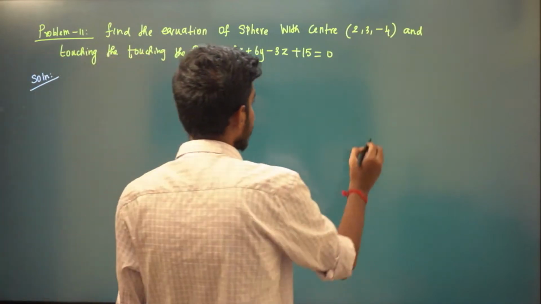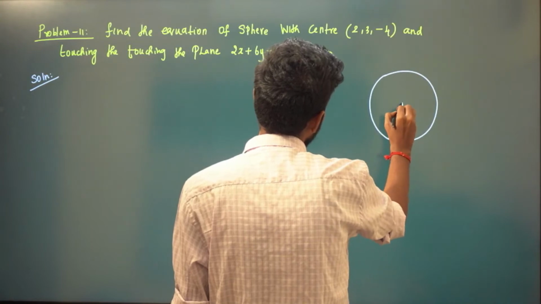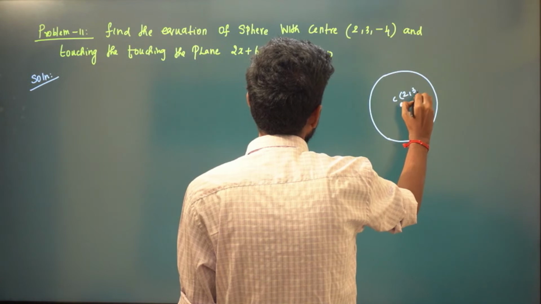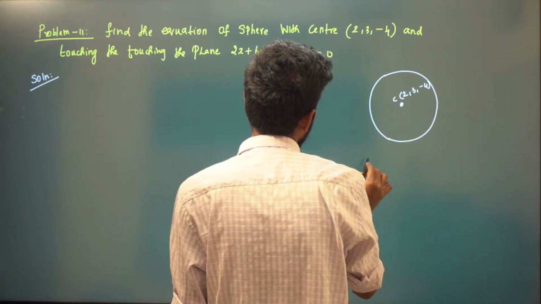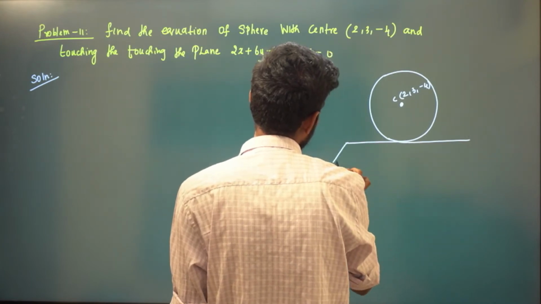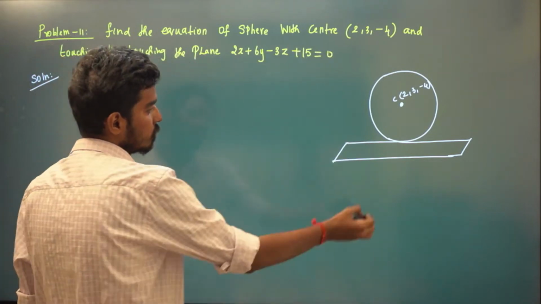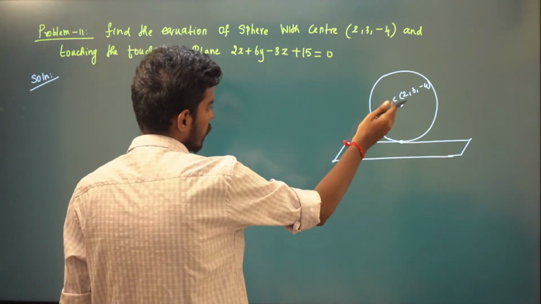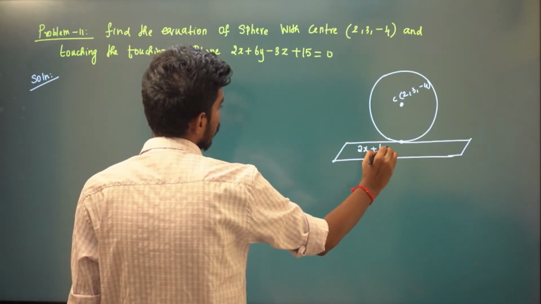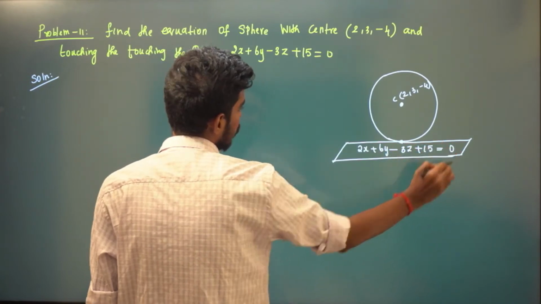So we need to find the equation of the sphere with the center 2 comma 3 comma minus 4 and it is touching this plane. What is this plane? It is 2x plus 6y minus 3z plus 15 equal to 0.